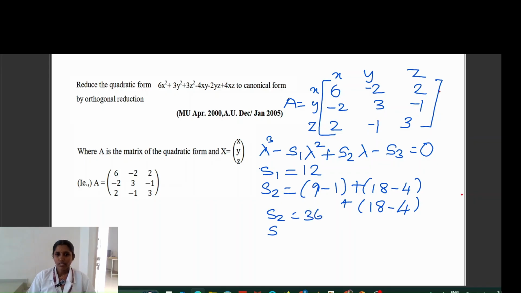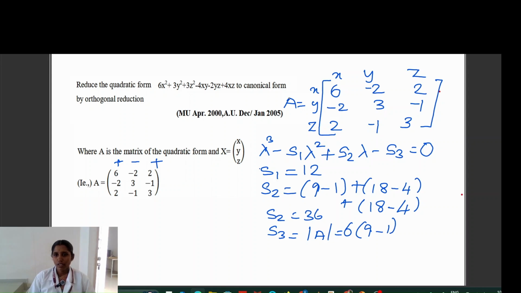Next, we find S3. S3 means the determinant of A. So, we find the modulus for this matrix A. For finding the modulus, first we have to change the sign. It is plus, minus, plus. First element 6. 6 into, omitting row and column of 6, we get 9 minus 1. Next one, minus.